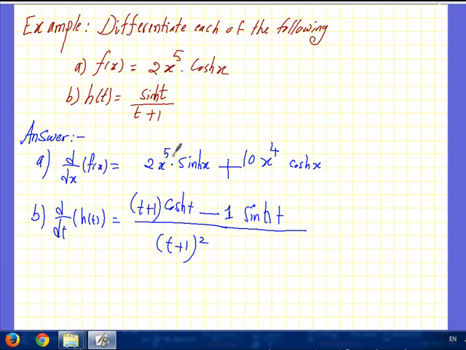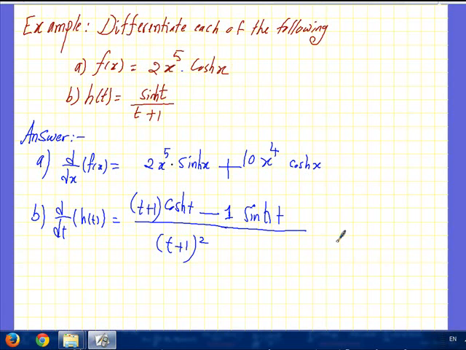The first function, 2x to the power 5, multiplied by the derivative of the second, which will be sinh. Note that the derivative of the first is positive here, whereas it would be negative for the trigonometric case. Plus the second, cosh x, multiplied by the derivative of the first, which is 10x to the power 4.